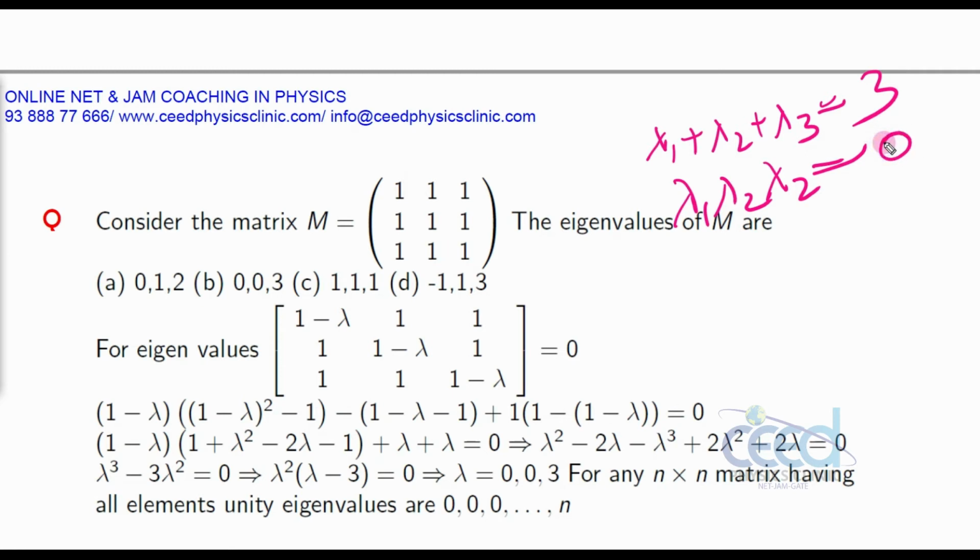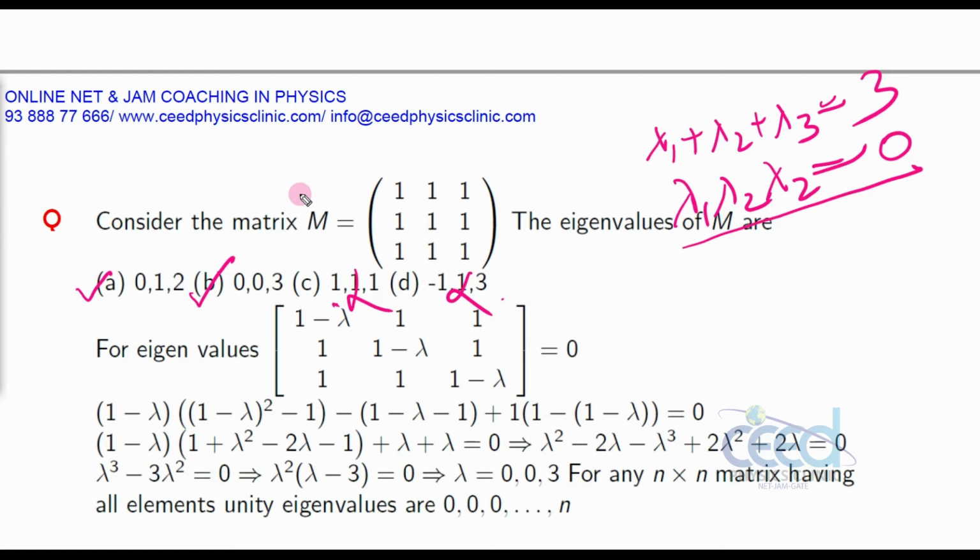So these are the properties we know from the properties of eigenvalues. Okay, this we have all discussed before. Now let us check the options. If you check the product, this is not the answer, this is not the answer, because the product of eigenvalues can never be 0 here, but this may be an answer, this may be an answer. So there we are forced to use our ordinary method.